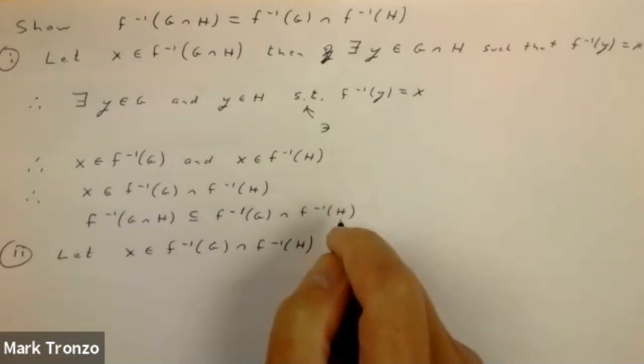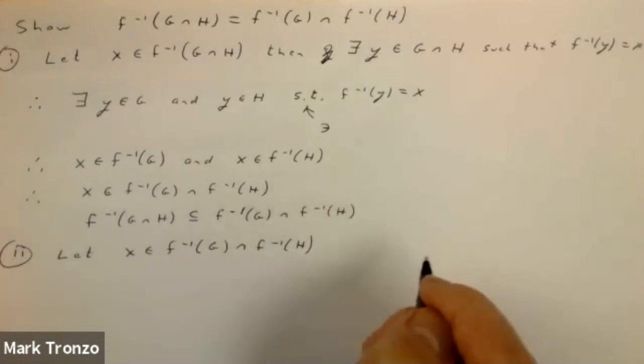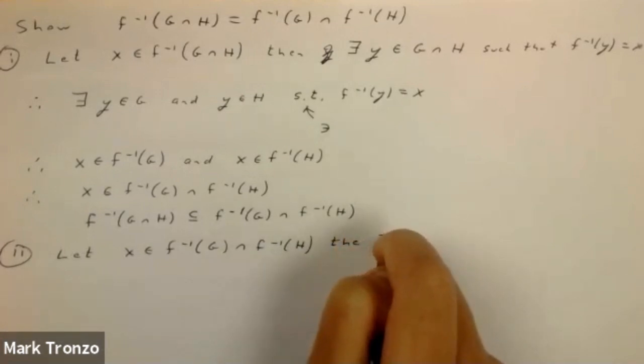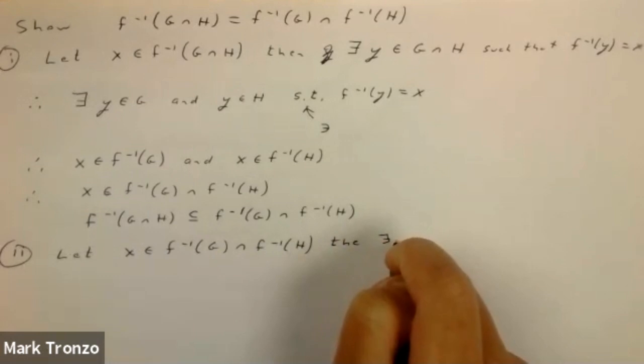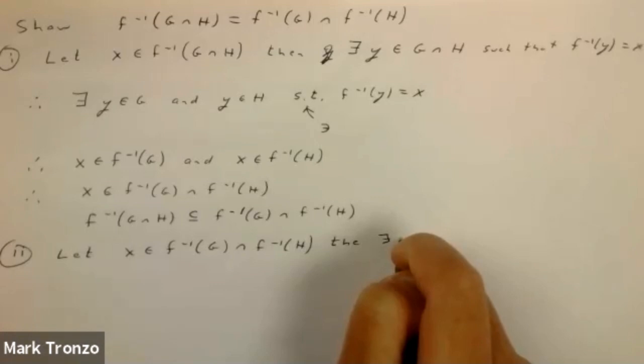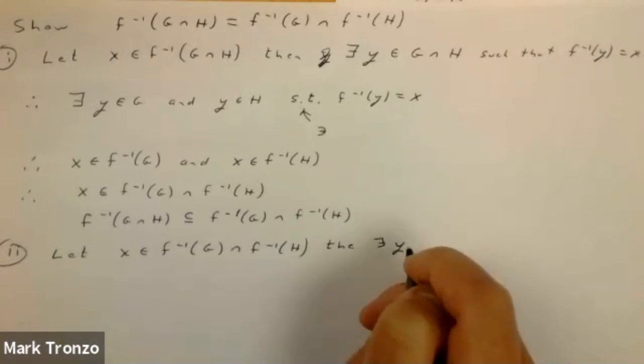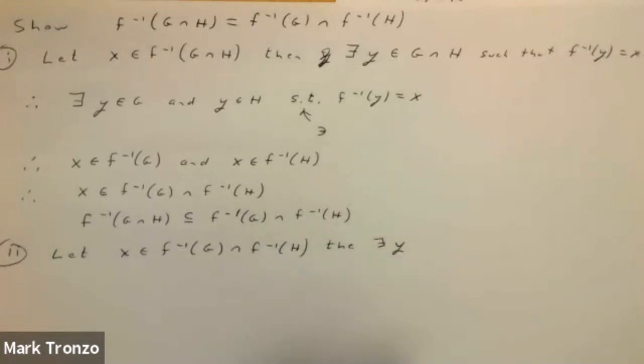Then, let's see, so then there exists a y. And let me say, we have to be real careful right here, don't we? Because, see, this right here, what does this say?